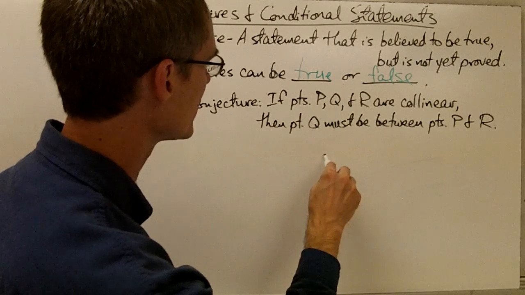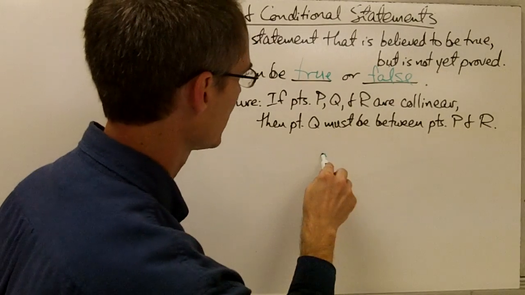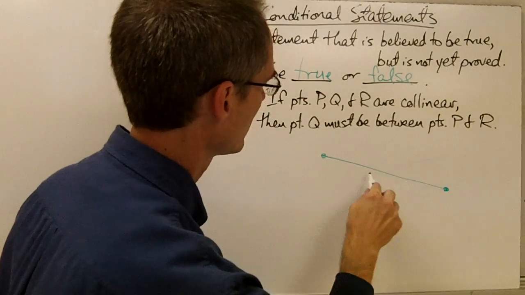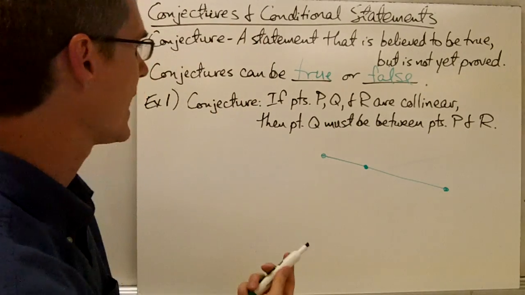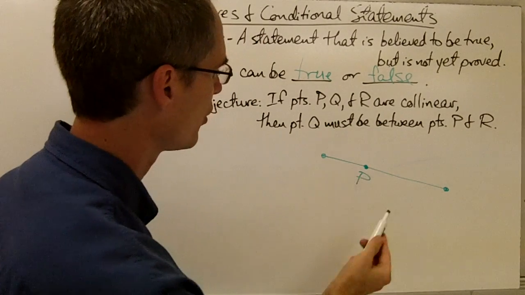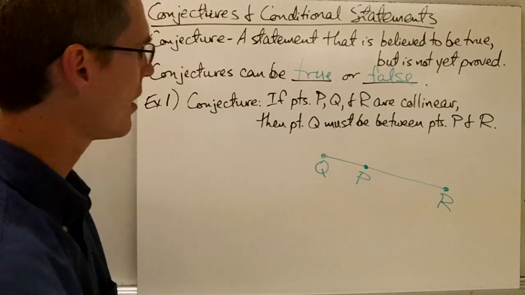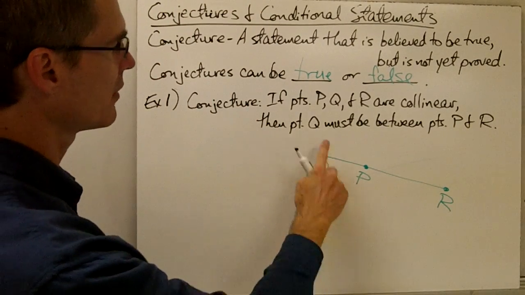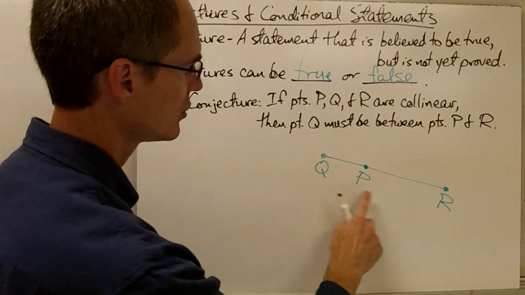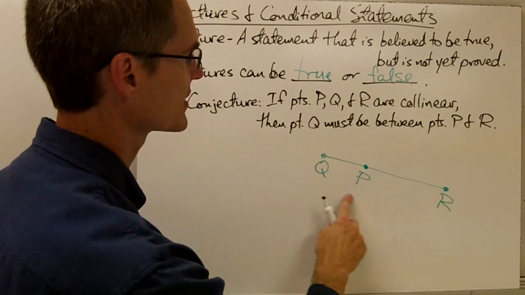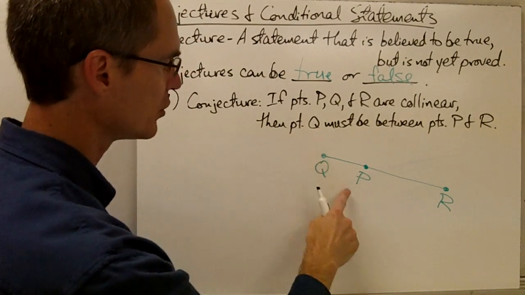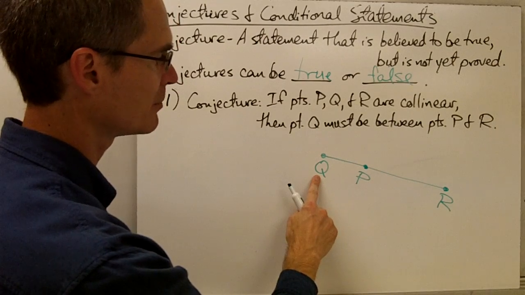If I draw these 3 collinear points, and I put point P in between points Q and R, here is a picture of points P, Q, and R. They're collinear, they lie on the same line, and point Q is clearly not between points P and R.